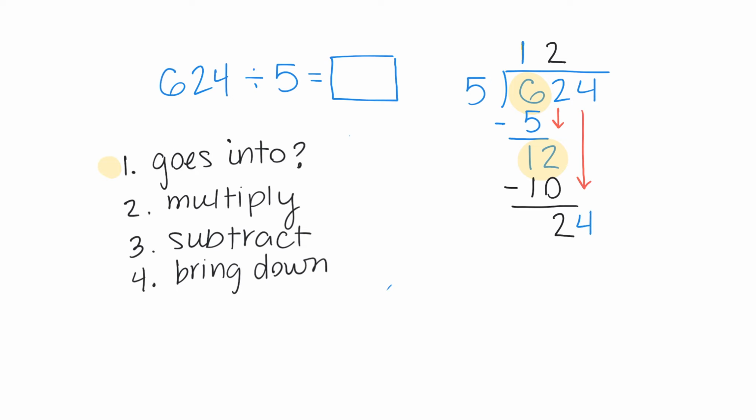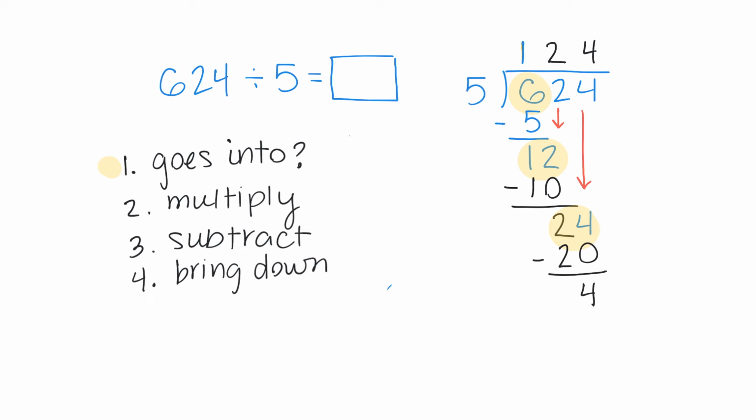So now I have a 24 that I'm working with. 5 goes into 24 4 times. Put that at the top. 4 times 5 is 20. Subtract. 24 minus 20 is 4. Now, I have nothing left to bring down, which means I'm done.